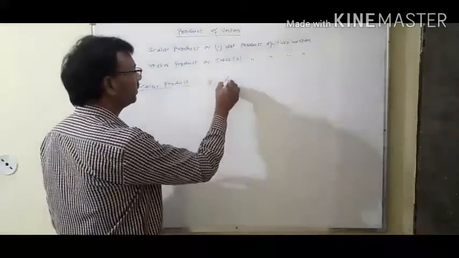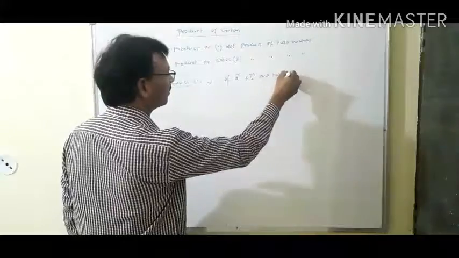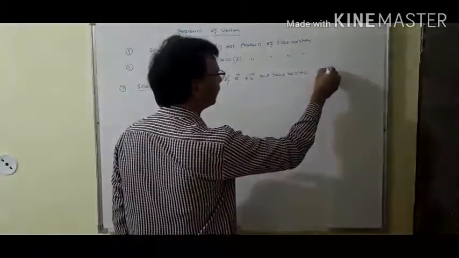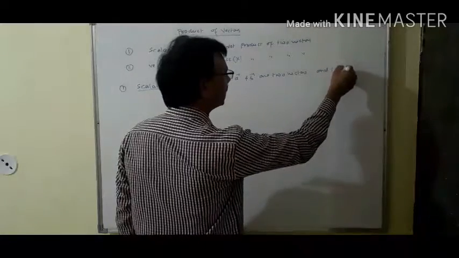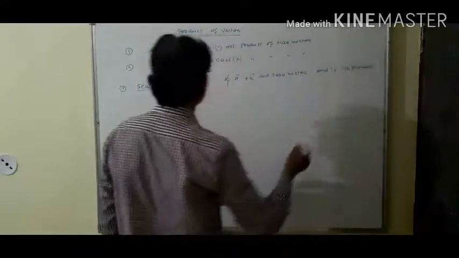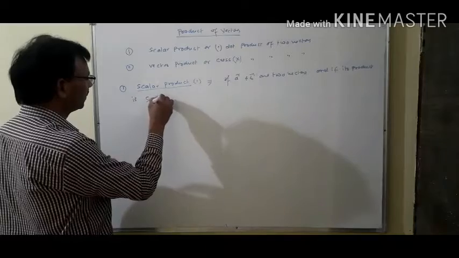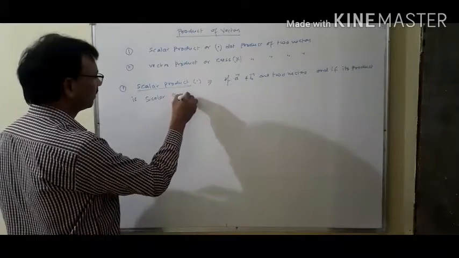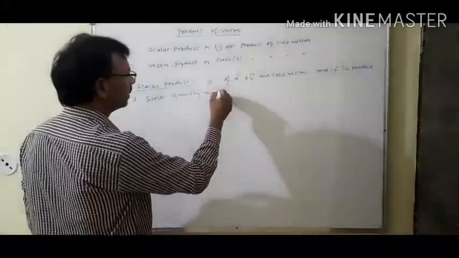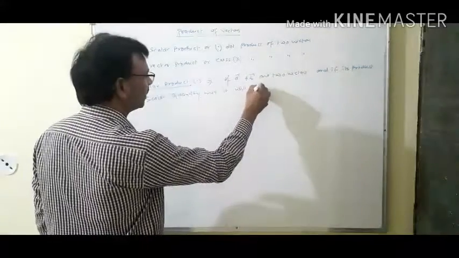That means if A and B are two vectors and if its product is a scalar quantity, then it will be scalar product.